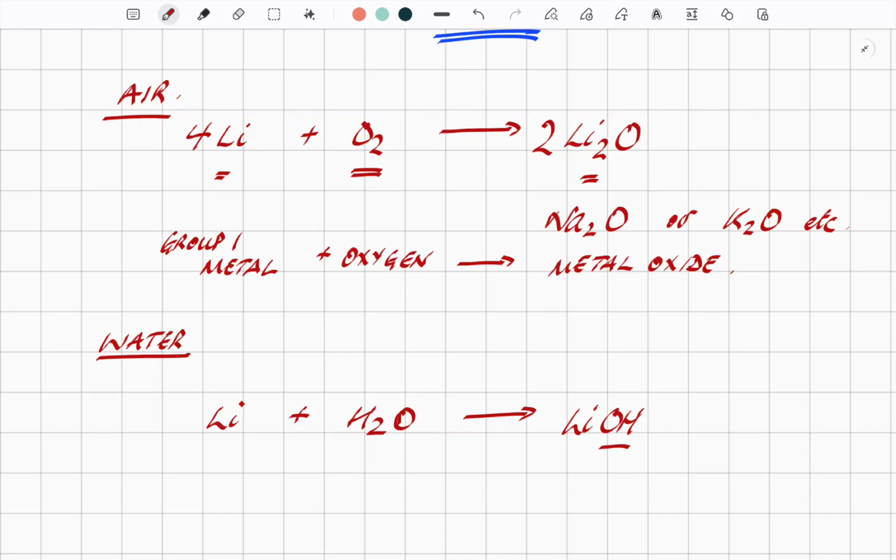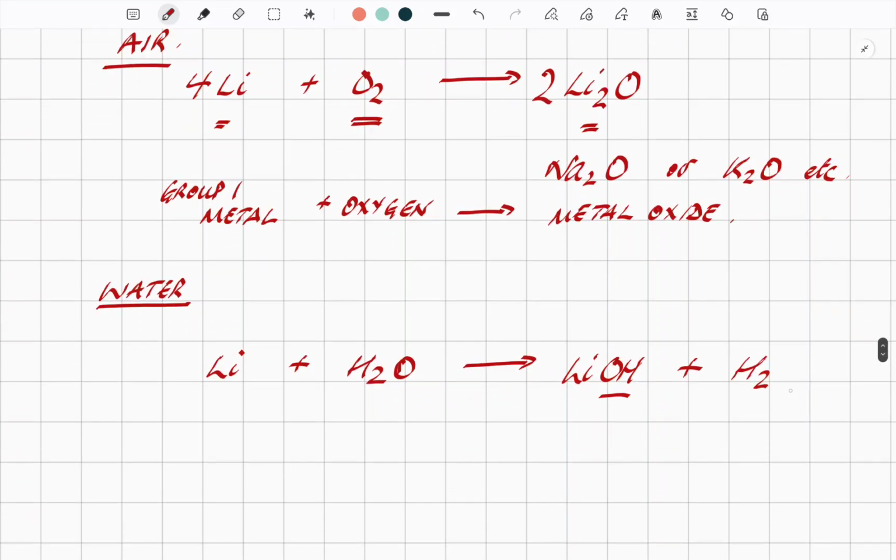Now to balance this equation, the other product, the fizzing, is caused by hydrogen gas. I'll put in a state symbol there, just to show that that is what causes the fizzing. If I need to balance this whole thing, I now need 2 of them, 2 of them and 2 of them, because hydrogen is a diatomic, and so I need to double everything up to make sure I've got H2 at the end.